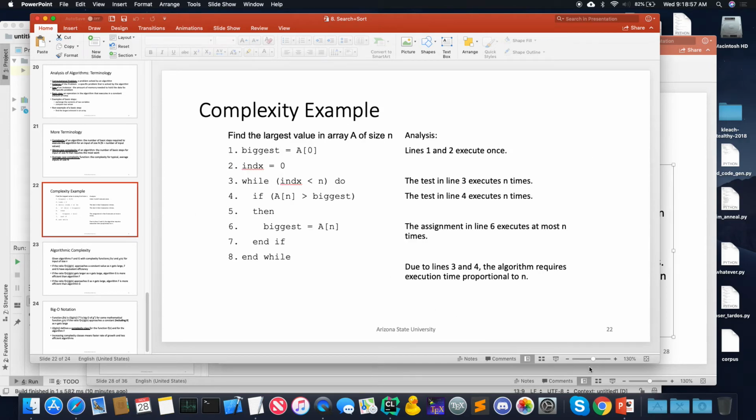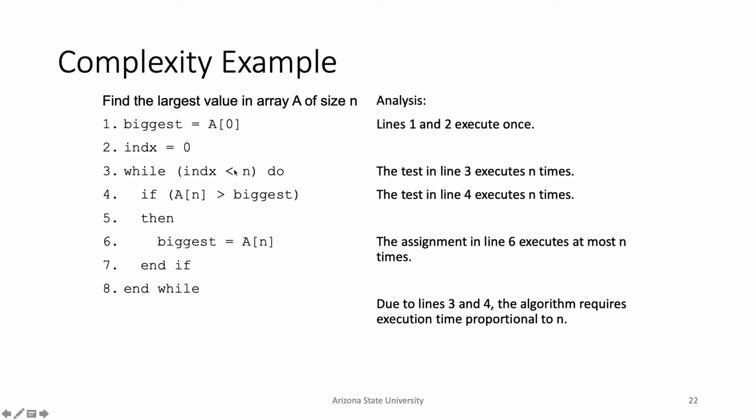So if we look at this algorithm right here, these two lines at the beginning only are executed one time. But I remember that there's an error in this slide and I didn't fix it. But think about that there's an index plus plus somewhere in here.